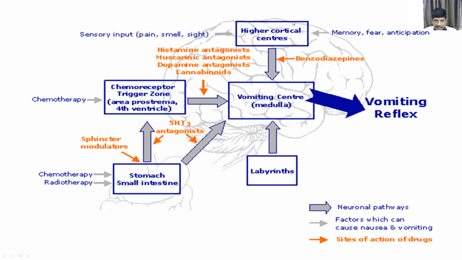Being an H1 antagonist, it blocks the H1 receptor and thus inhibits the induction of the vomiting center through the chemoreceptor trigger zone. So impulse transmission via these histamine receptors is blocked. That's it. Likewise, you should have an idea of the whole figure mechanism so that you can write it in short.